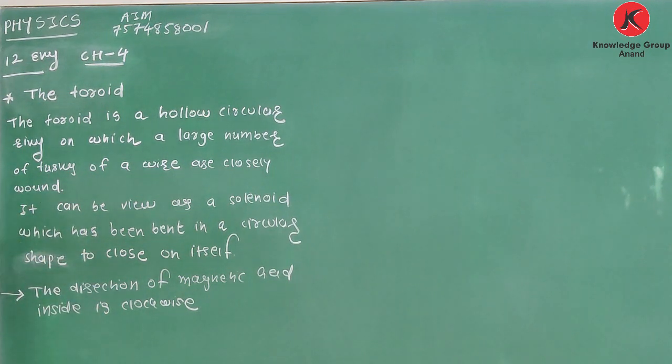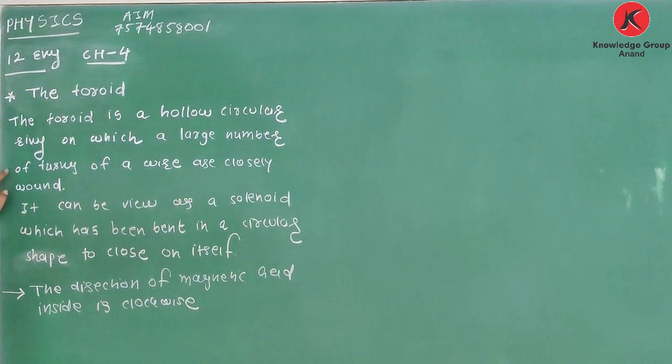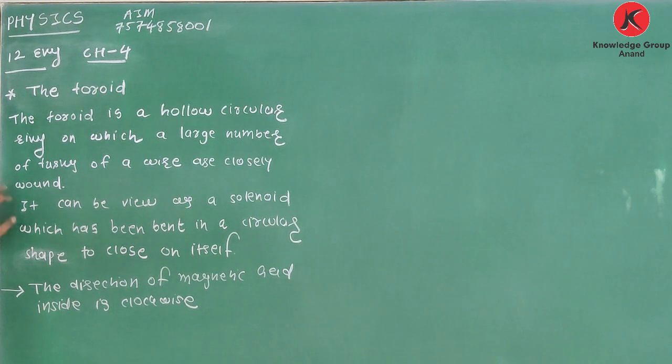Now, what is a toroid? First of all, what is the definition? The toroid is a hollow circular ring on which a large number of turns of a wire are closely wound, like this.